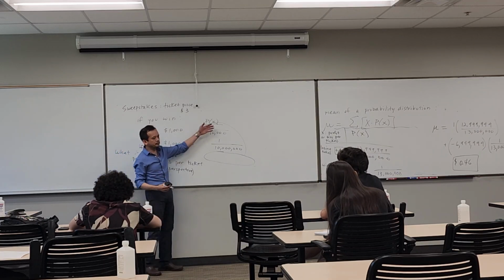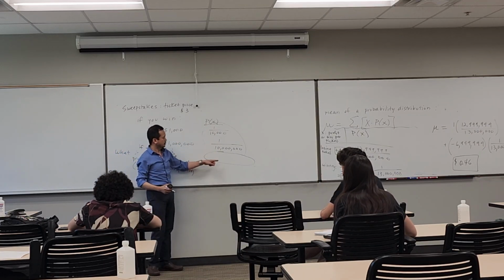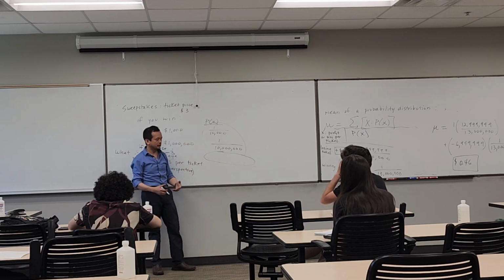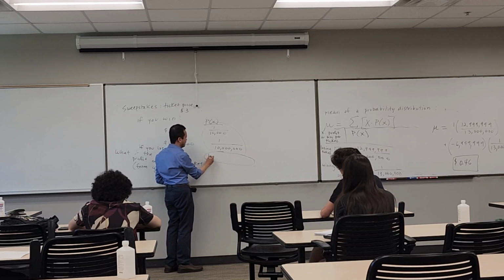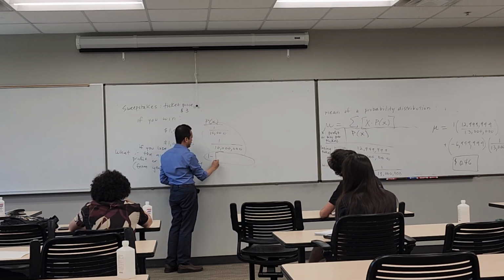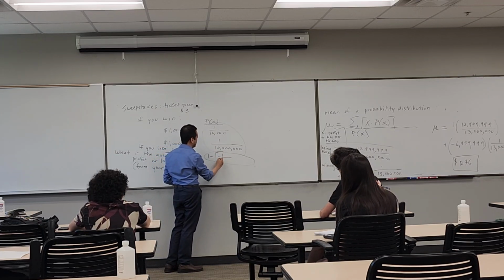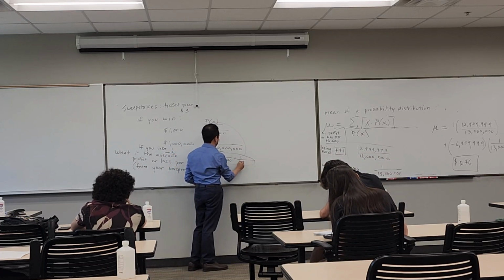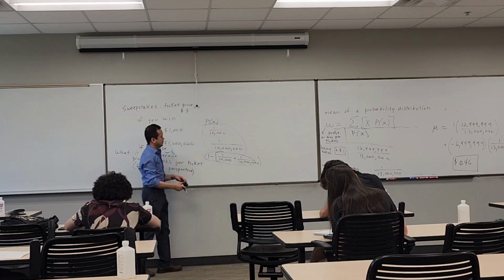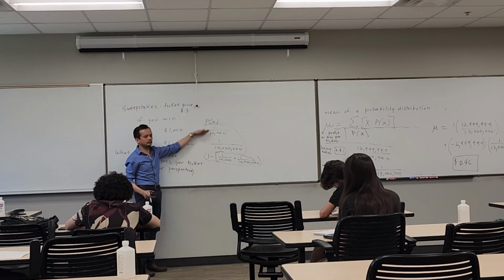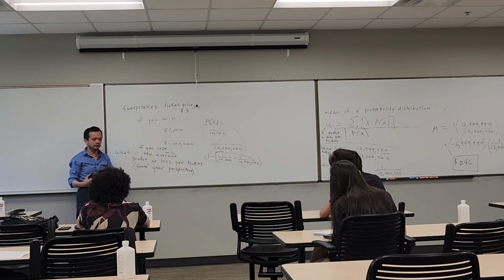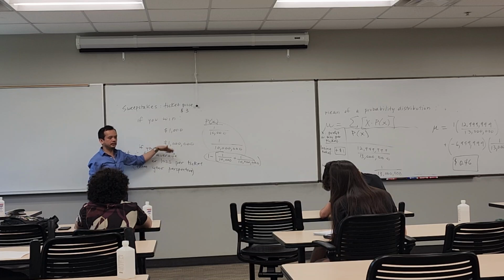All the probabilities need to add up to one, so the value here should be one minus the sum of the previous two values. So these will all add to one, and now you have a full probability distribution, which you can find the mean for.